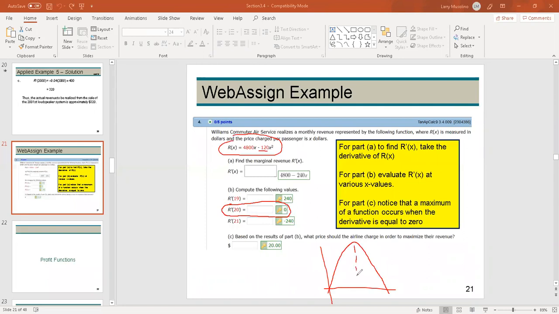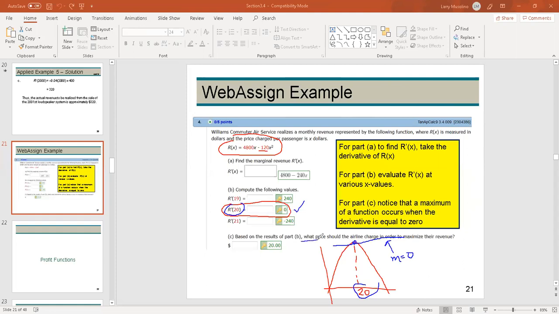So if the derivative at x equals 20 happens to be 0, that must mean the slope of the tangent line must be horizontal. Remember, when you have a slope of 0, it means you have a horizontal line. So this is m equals 0, and this happens at 20. I know that because when I took the derivative at 20, I got the answer 0. And the derivative is the slope of the tangent line.